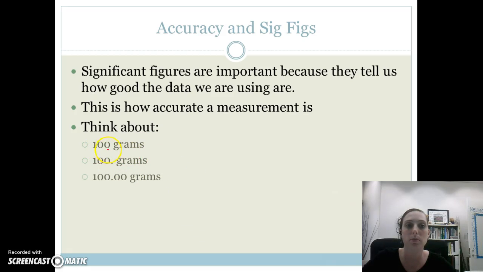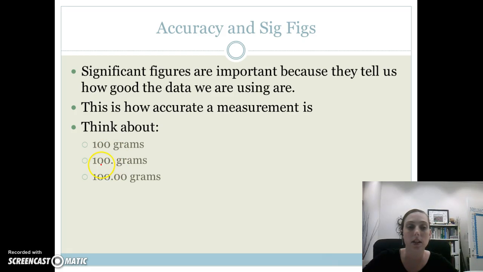This one is just simply recorded 100 grams, but do we really know this place, the ones place, or the tens place, what's there? We know for sure it's 100 something grams, but that's it. Here you see a decimal place, so that's meaning that these zeros must be significant because I've measured the 1, the 0, and the 0, but yet I don't know anything after it. But do I know more information than I did here?